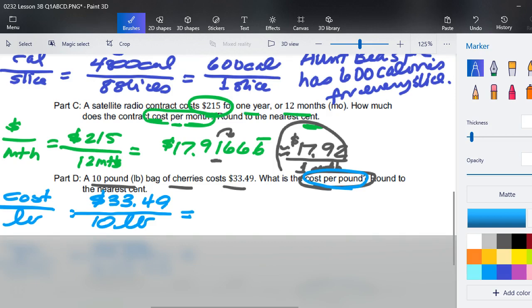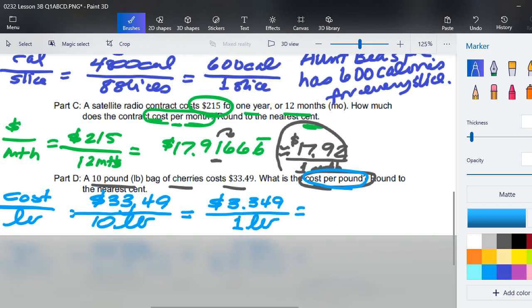And again, you can use former skills about which way to move the decimal, or you can punch in a calculator. Either way you go, I need you to come up with that $3 and, oops, hang on. I get this on the screen or moving the decimal over one spot.